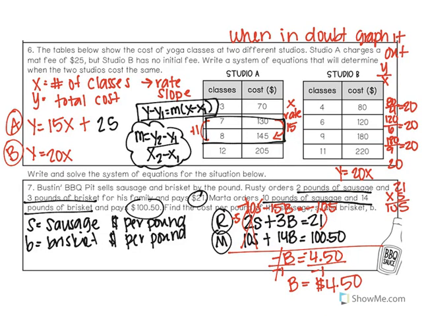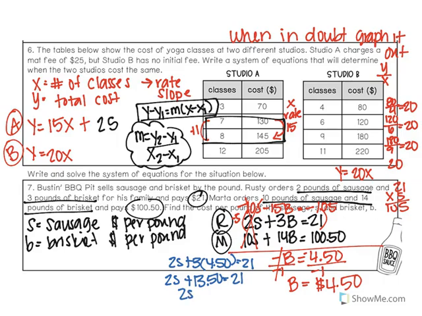I am then going to plug it back into the very first equation, which was 2s plus 3 times 4.50 is equal to 21. I then can start solving, and I get 2s plus 13.50 is equal to 21.